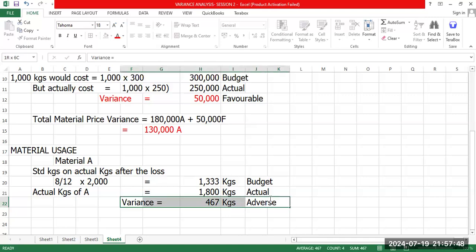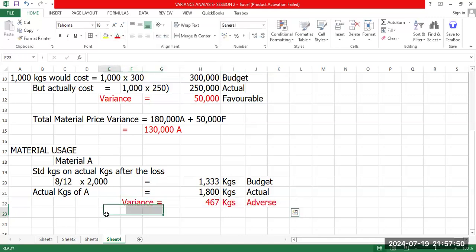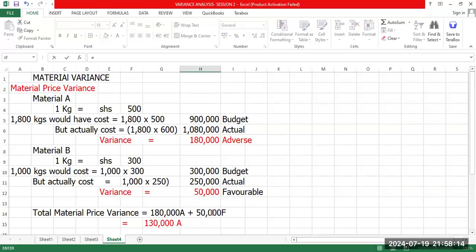But we don't report in terms of kgs, so we multiply by standard price per kg. Standard price of material A per kg. And the standard price of material A was 500.